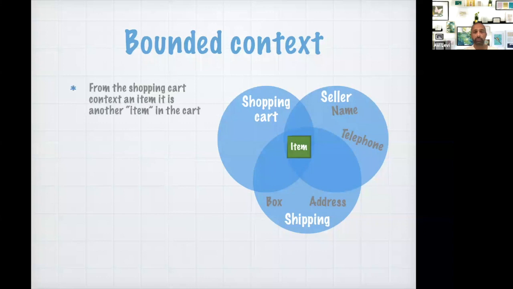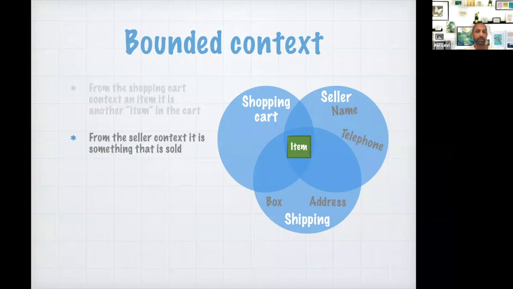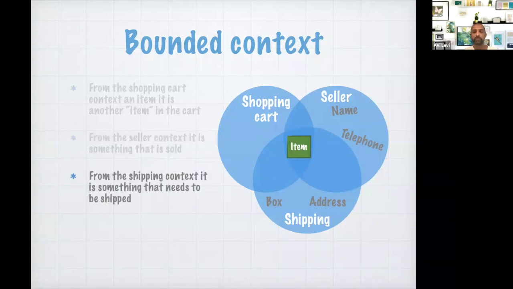For example, for the shopping cart, an item is just something that is in our shopping cart. From the seller context, it is just something that needs to be sold. From the shipping context, it's just something that needs to be shipped. So the same word appears in different contexts with a different meaning, but it's still the same item, right?